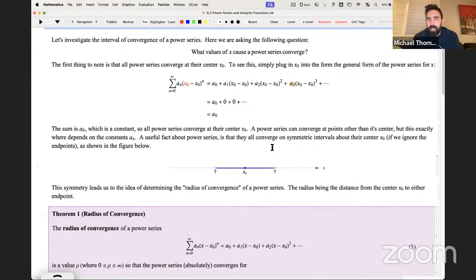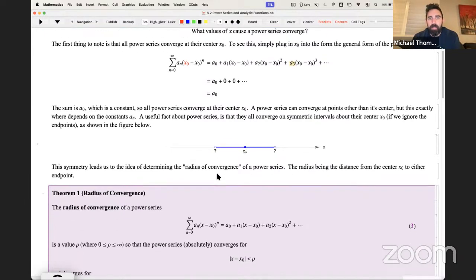For now, I'm going to ignore the endpoints. If this is the real line and the center is at x naught, when the series does converge, it'll be symmetric. It'll converge everywhere over here and everywhere over here in a symmetric way.